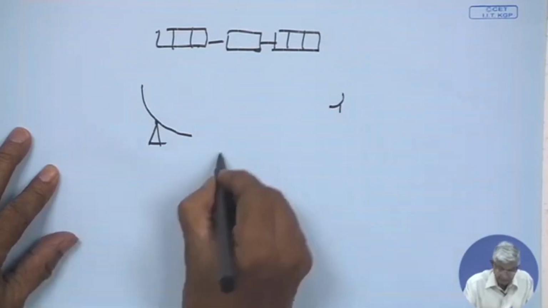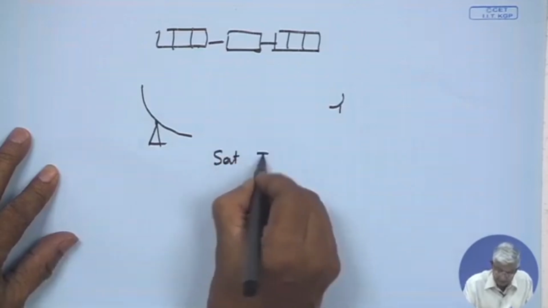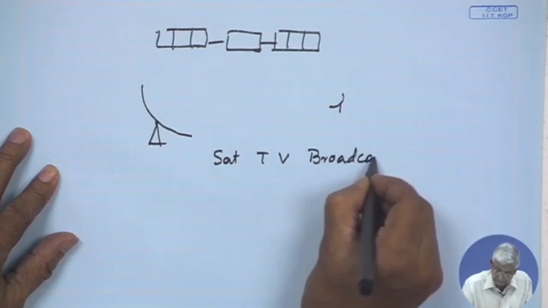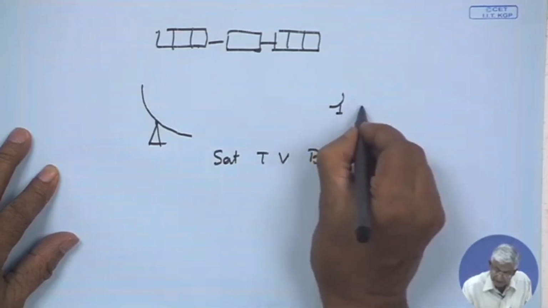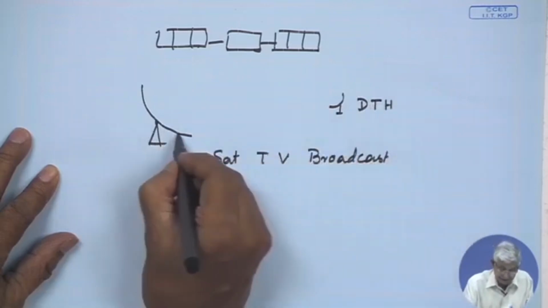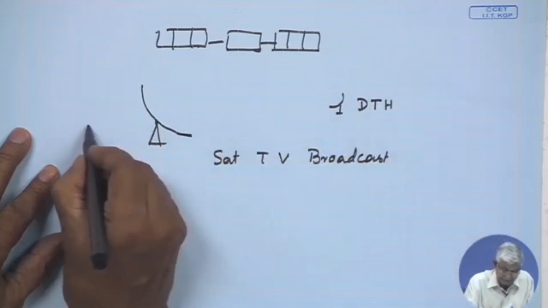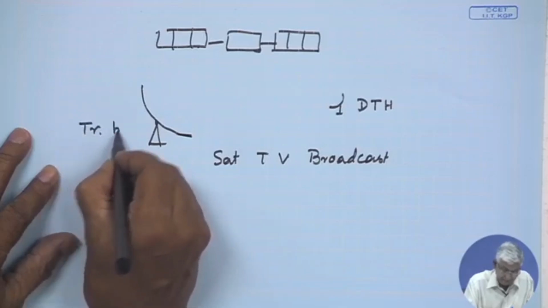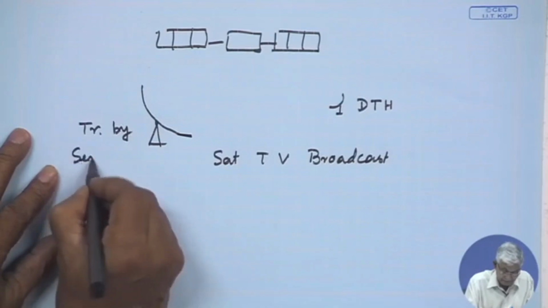One of the example is satellite TV broadcast, and this is your direct to home receiver, and this is the transmitter by service provider.